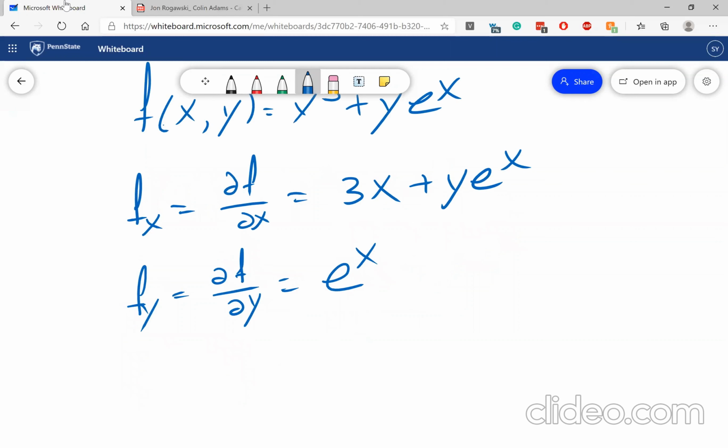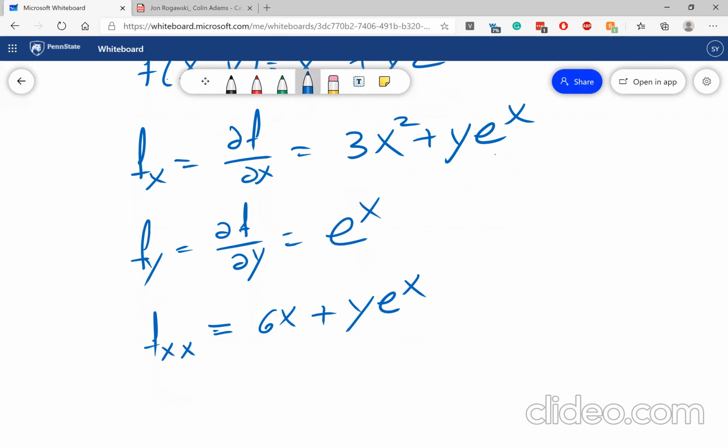Good. Now the partial of f with respect to x twice, you differentiate this one with respect to x, we're going to get, oh, this is squared. Okay. We're going to get 6x plus y squared e to the x. Okay. The partial of yy, now we're differentiating this with respect to y. Oh, 1 second.